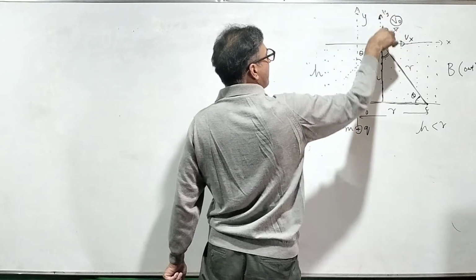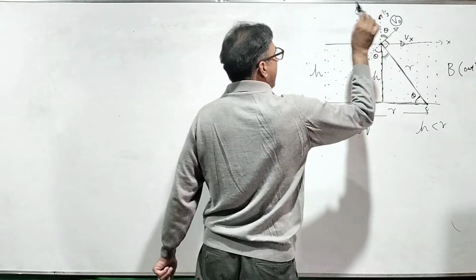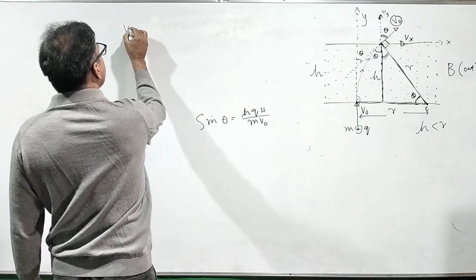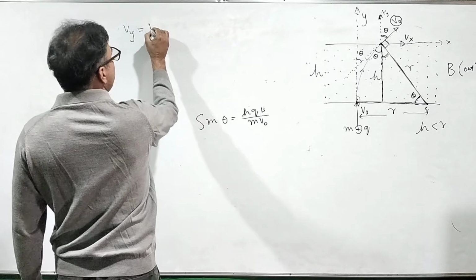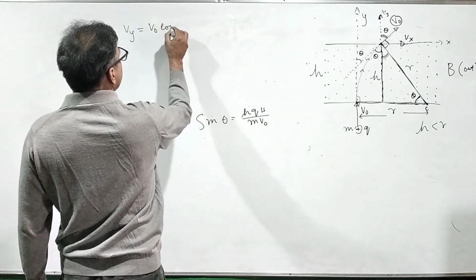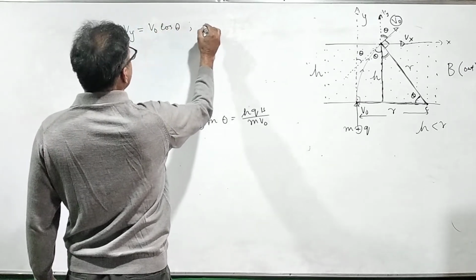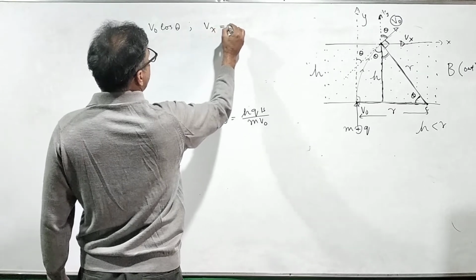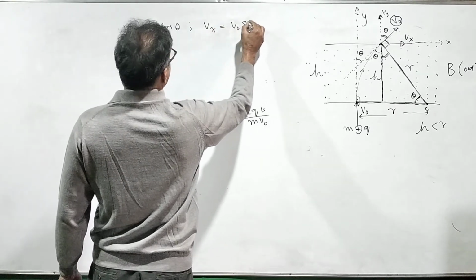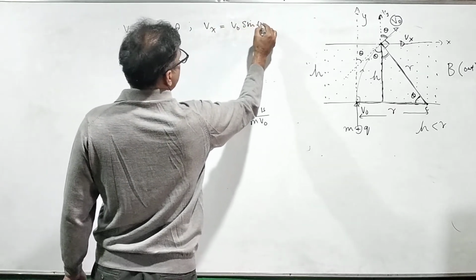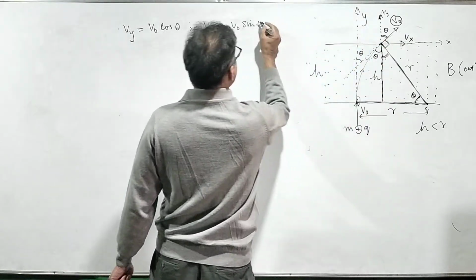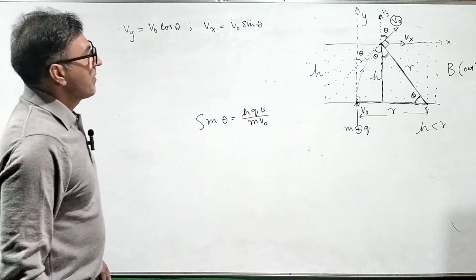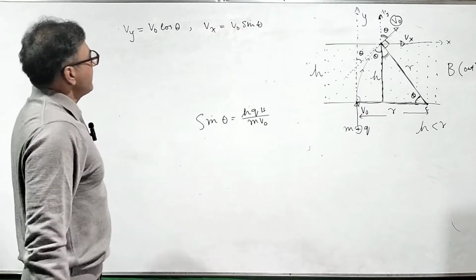So Vy is v0 cos theta, and Vx is v0 sine theta. This is the sine component because theta is given with the vertical axis.